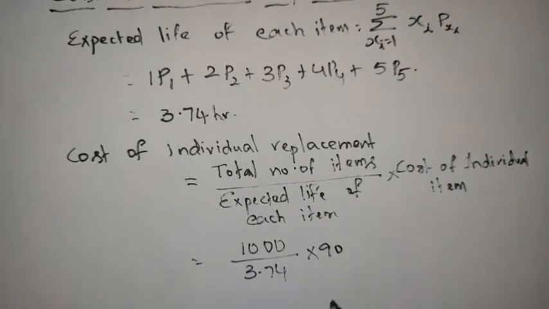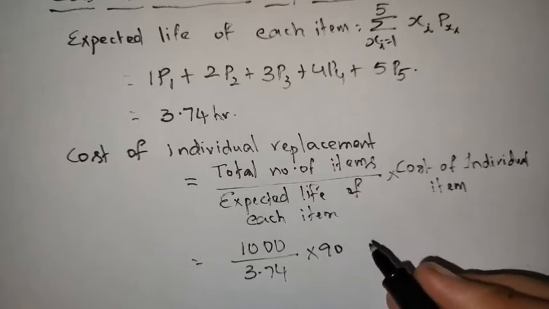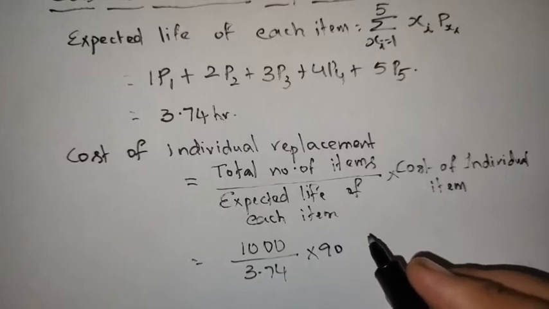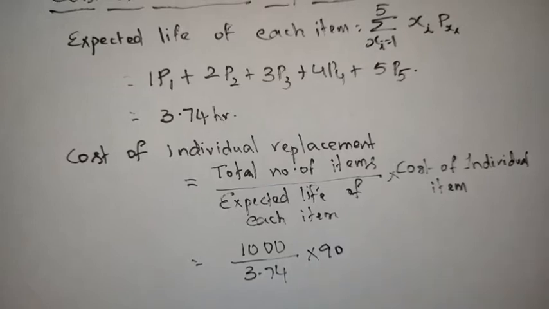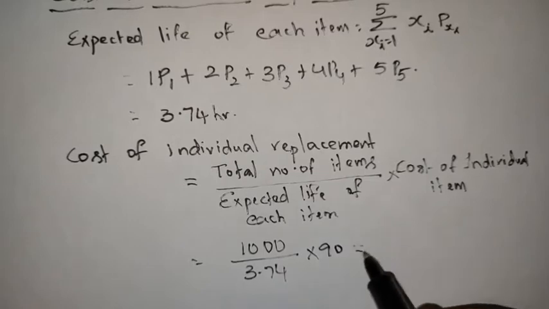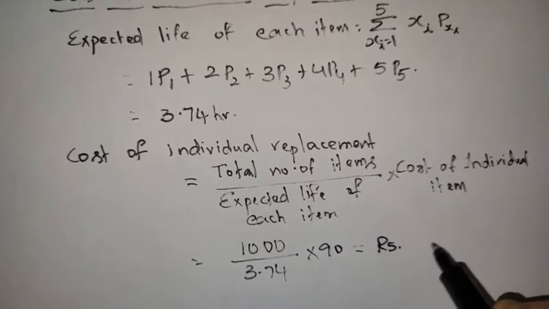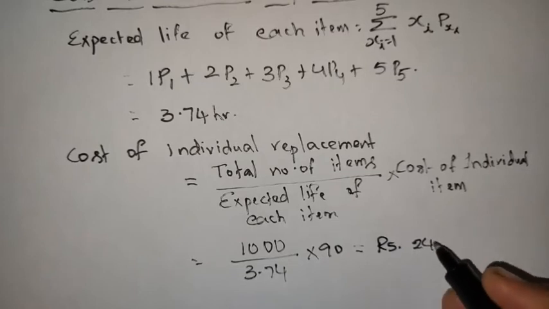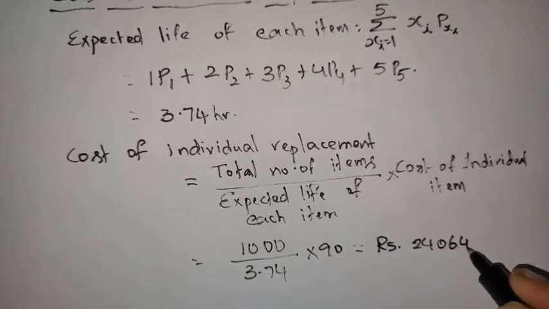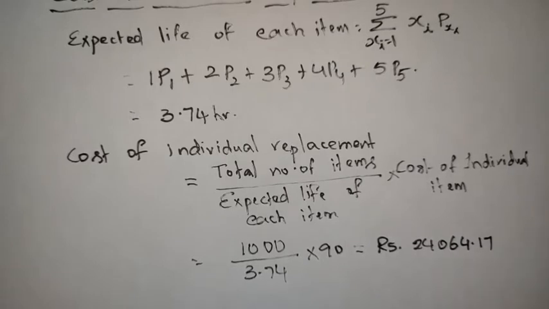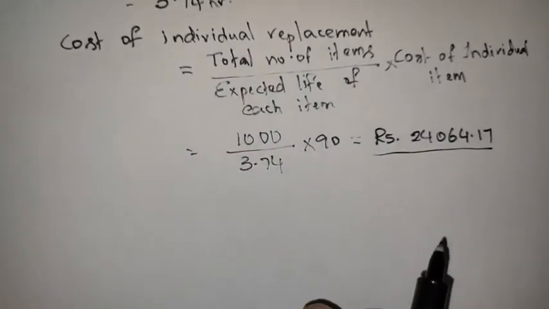So the value equals 24064.17 rupees. This is the cost of individual replacement, and now let us find the cost of group replacement.